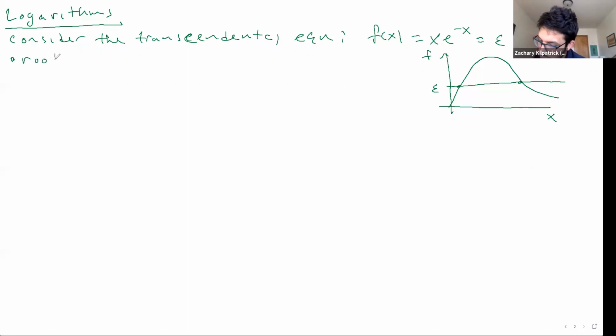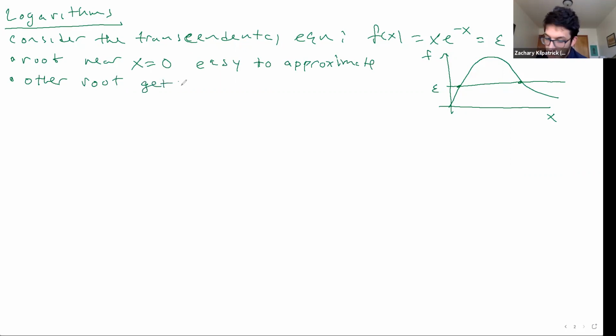And so in particular, the root near x equals 0 is easy to approximate, okay? And we can look at why in a minute. The other root, okay, it gets large as epsilon goes to 0, right?